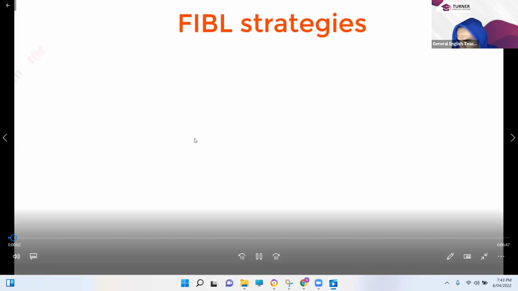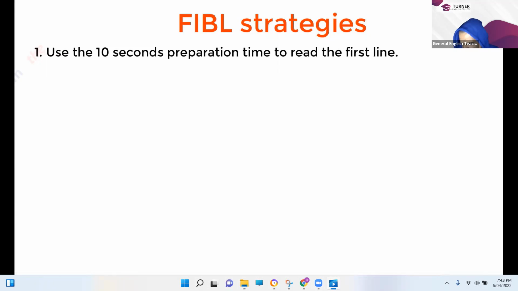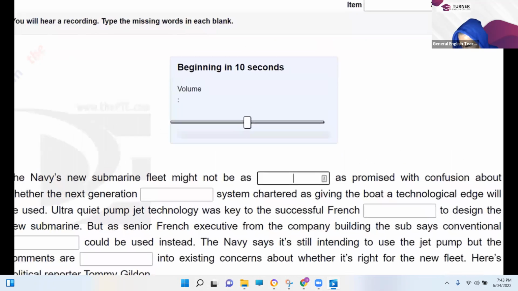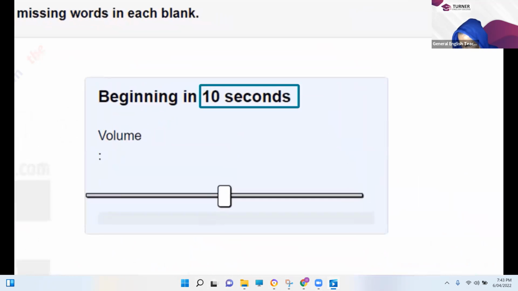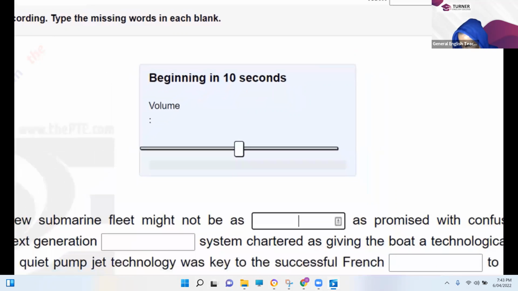Fill in the blanks listening strategies. Number 1. Use the 10 seconds preparation time for reading the first line of the paragraph. This will give you an idea of what the whole text is about.